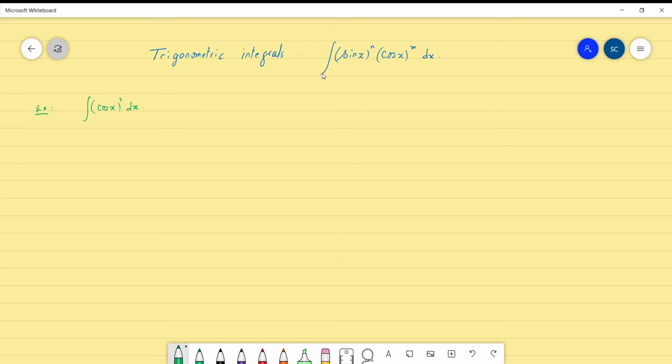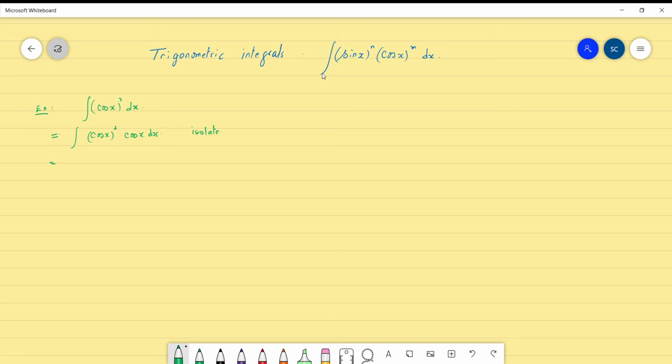So let's follow the idea. An idea developed is to isolate one cosine. So I will have cosine x squared left, and isolate cosine x dx. We say isolate, or save, one cosine.